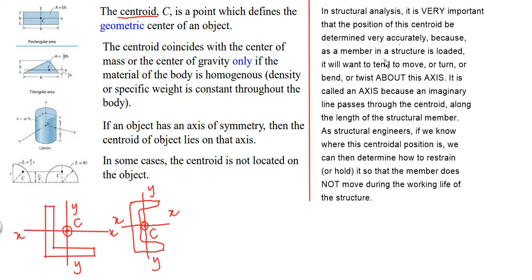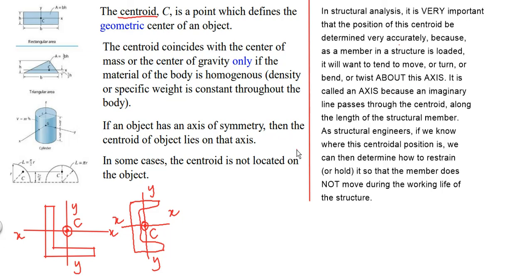as a member in the structure is loaded, whether it's a beam or a column being stretched or compressed or twisted, it will tend to move or turn or bend or twist about this axis.